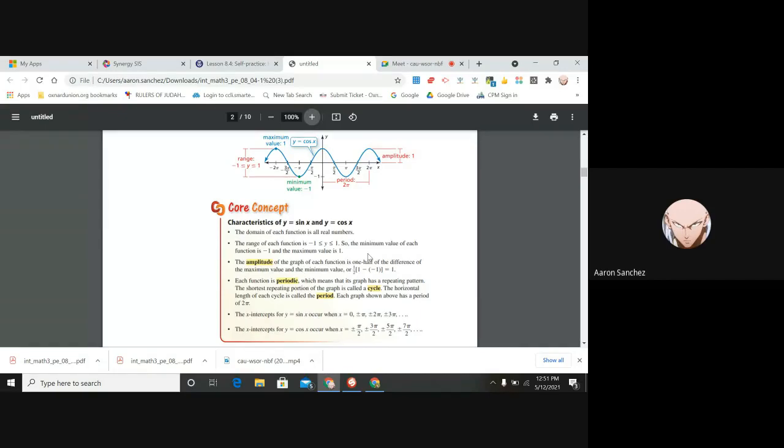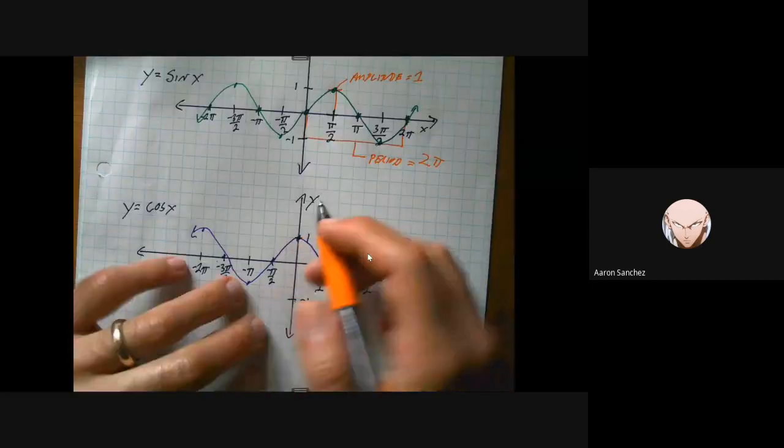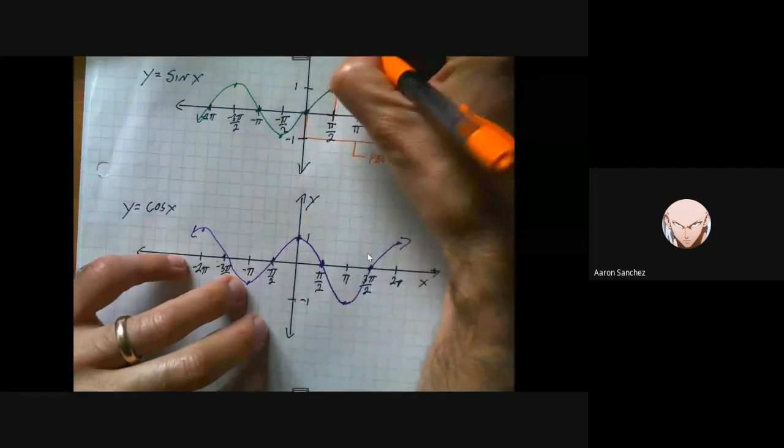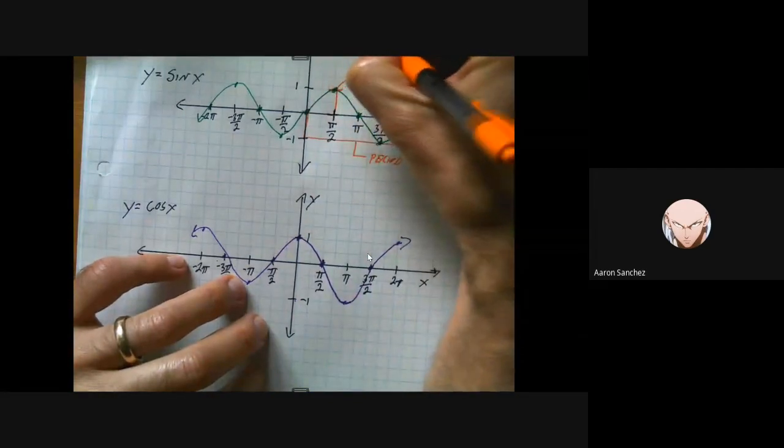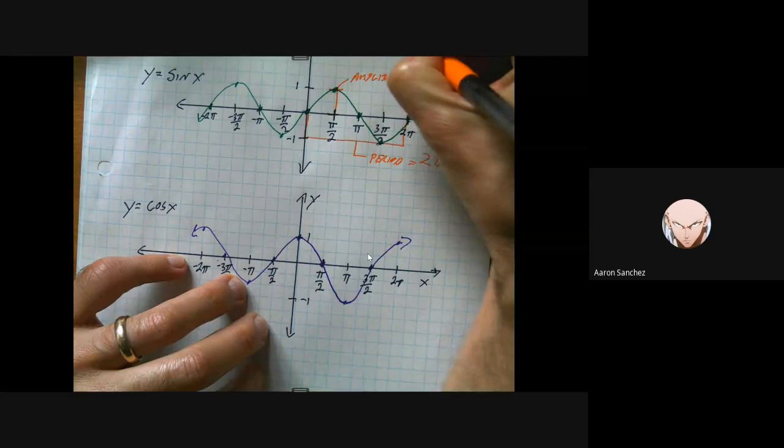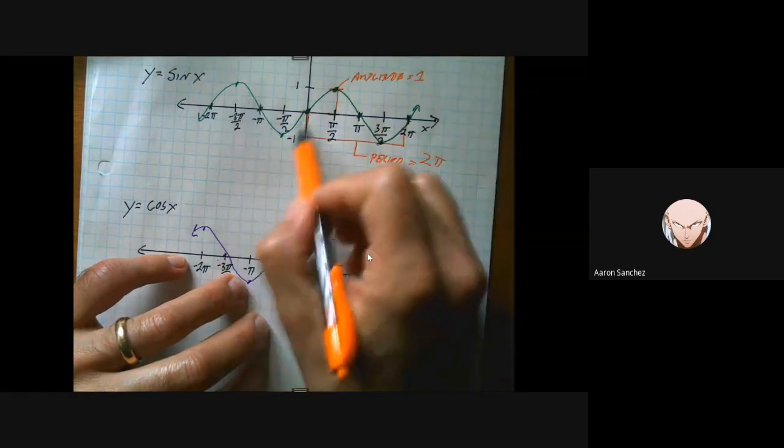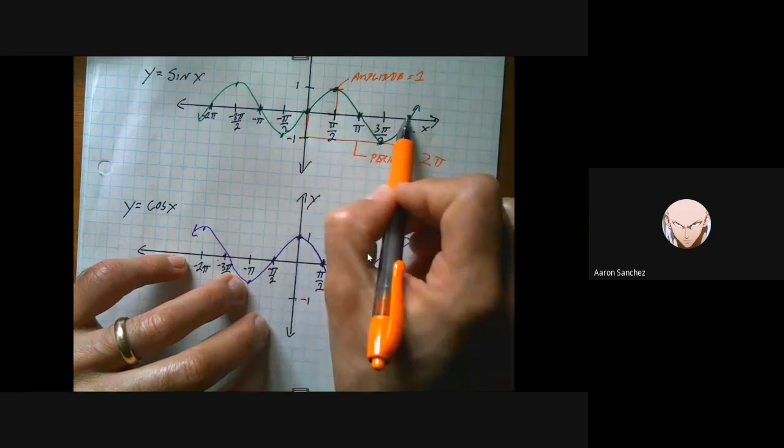Now, these are called periodic functions because they repeat. Notice it's the same pattern over and over again, and it'll continue.